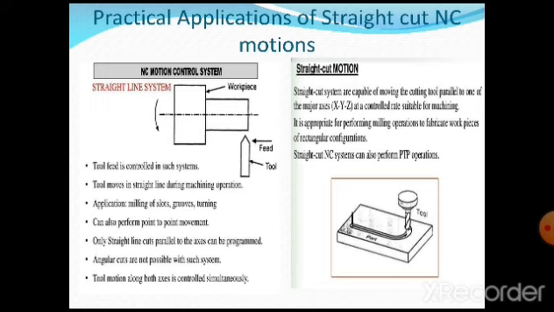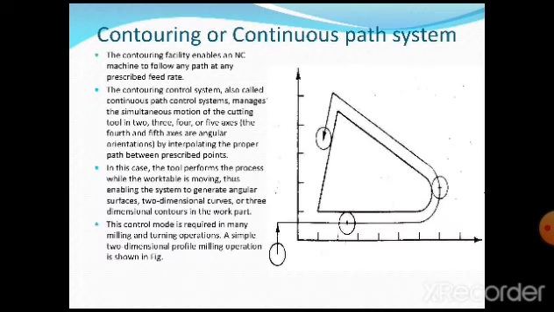Why PTP operations? Because without giving the movement in both X and Y directions at a time, I can give X separately and Y separately and make the cutting tool come to that point. So that is why sometimes this straight cut system can also be applicable for the point to point system.